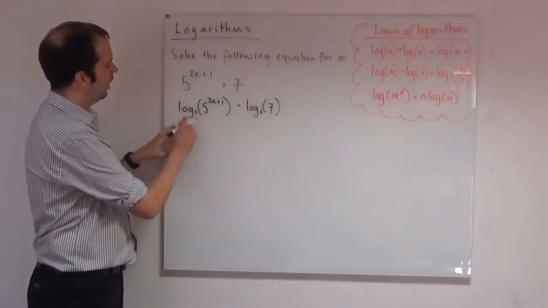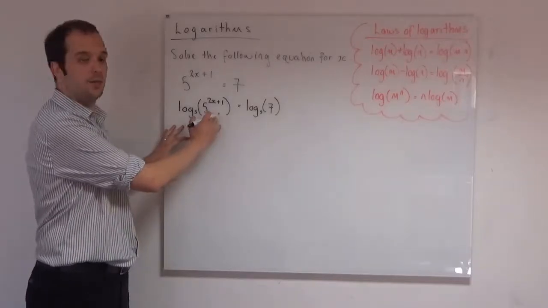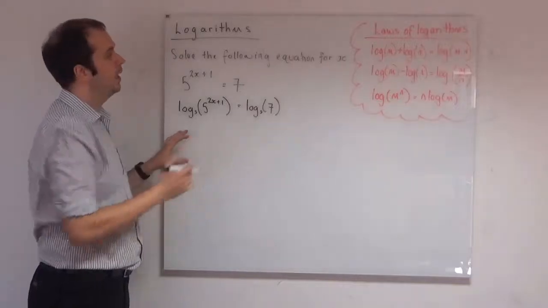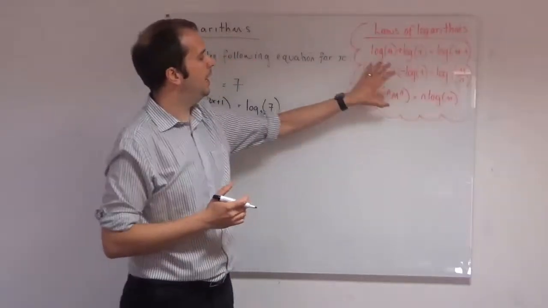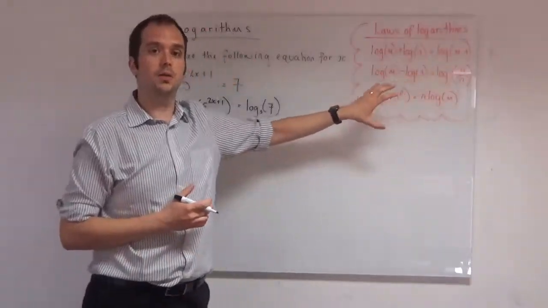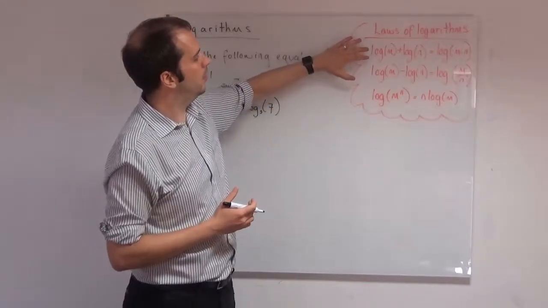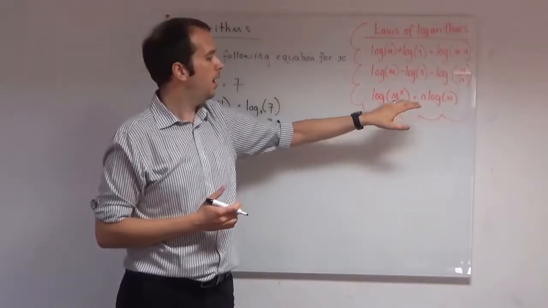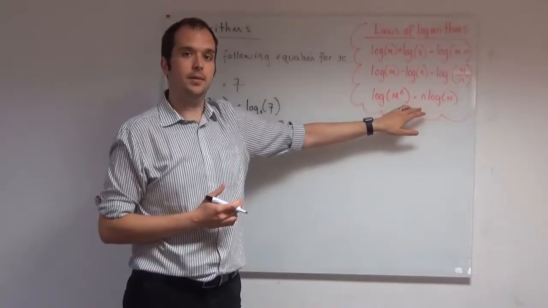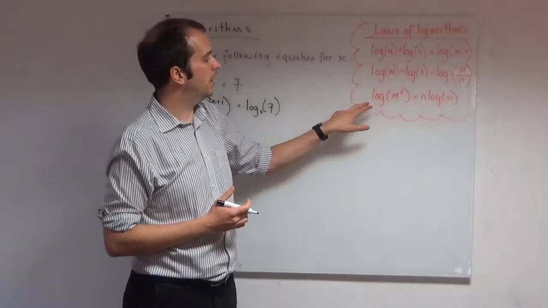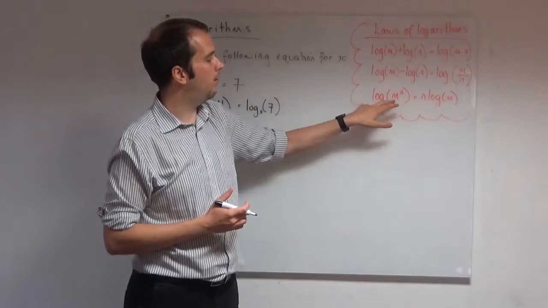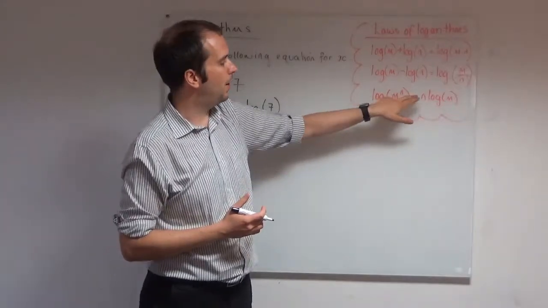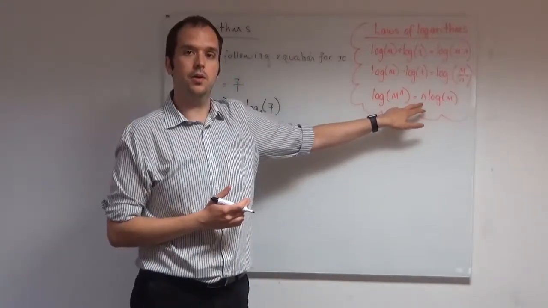So what have I got now? I've got log to the base 5 of 5 to the power of 2x plus 1 is equal to log to the base 5 of 7. Now, up this corner here we have our 3 laws of logs. We have the addition law, the subtraction law, and the power law. I'm going to use this final one here. What this law tells us is that if we've got log of a number or a value to a power, that power can be brought outside the front of the logarithm.